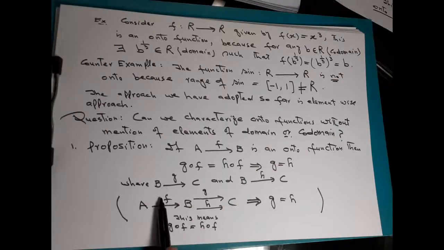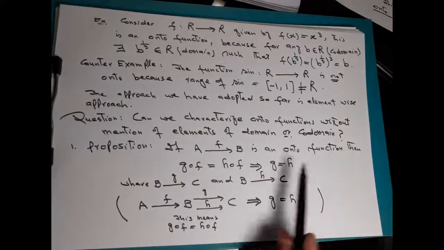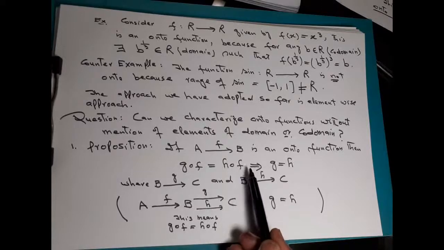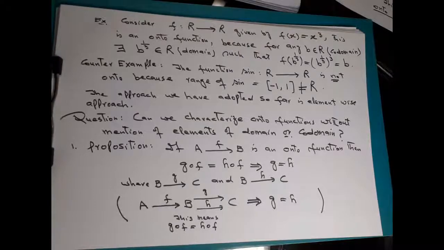If G circle F is equal to H circle F, then G is equal to H, and this is for onto functions. This is what we are going to prove, that if F is an onto function, then G circle F equal to H circle F will imply that G is equal to H. We will prove that.